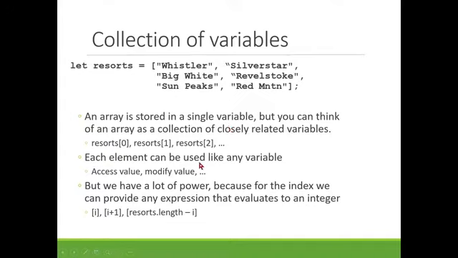Just like when we were accessing indexes of strings, you can use a variable as an index, as I've been doing already with i. You might need to do i plus 1, i minus 1, the length minus 1, the length minus i. Whatever you need can be in there. We're not going to make it too complicated, though depending on what you're trying to do, sometimes you might have a fairly complex expression to figure out the index that's needed.